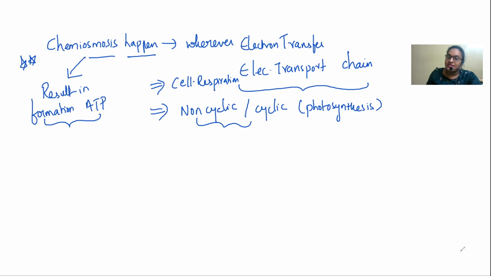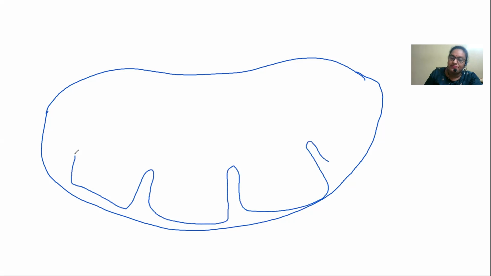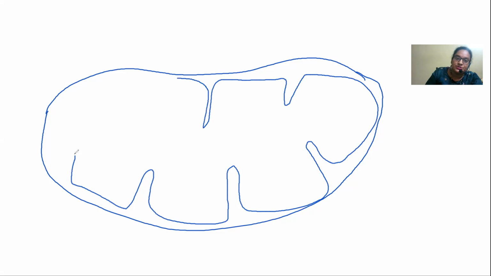Now let me take a fresh page and explain this chemiosmosis process. First of all, I'll draw a mitochondria for you. This is our mitochondria, which has an inner membrane and an outer membrane, and folds called cristae, because they increase the surface area of the inner membrane, which is very important for our electron transport chain.